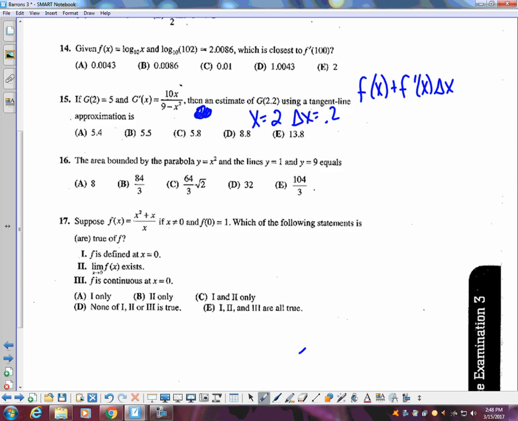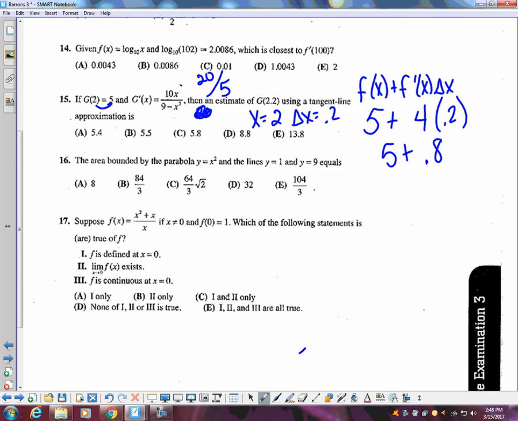So I'm going to plug in a 2. I'm going to get a 5. Okay, 5. Now, f prime of x, which they've already found for me, so plug a 2 in there. You're getting 20 over 9 minus 4, which is 4, times 0.2, 5 plus 0.8, right?